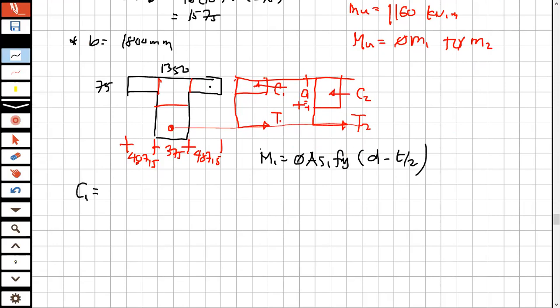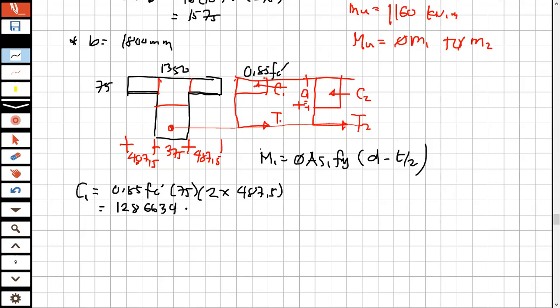What is C1? C1 is 0.85 f'c times the thickness 75 times the total of 487.5, twice 487.5, which gives us C1. So C1 is 1286634, correction, 1286634 newtons.